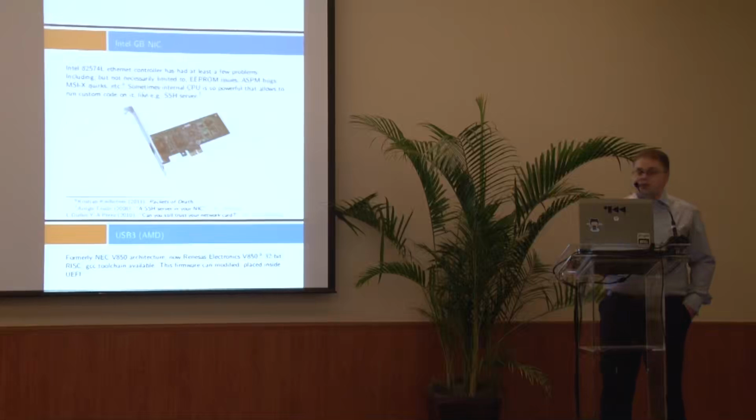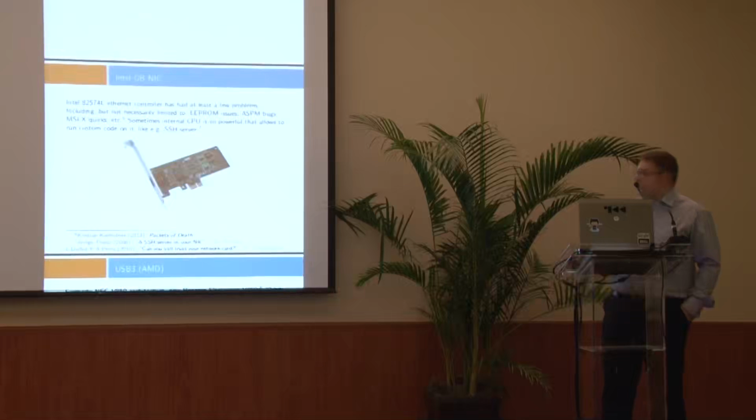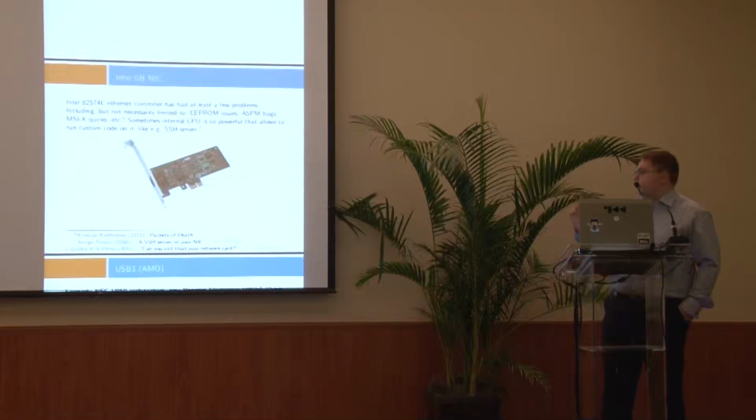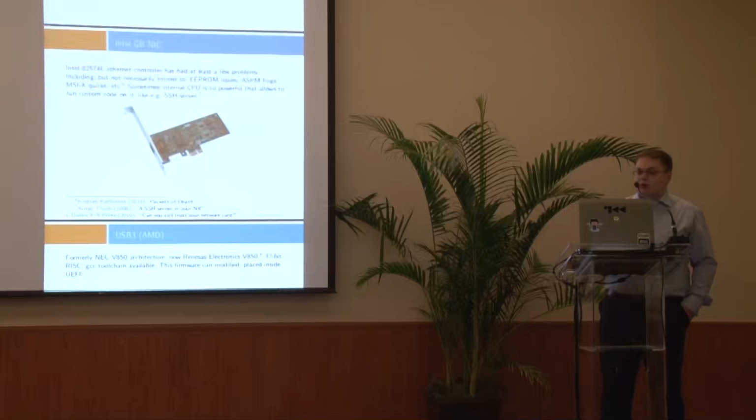A few researches found that you can reflash your network card, not the PCI option ROM but the internal firmware, and you can run an SSH server inside your network card. And of course, this is completely undetectable from the host side.